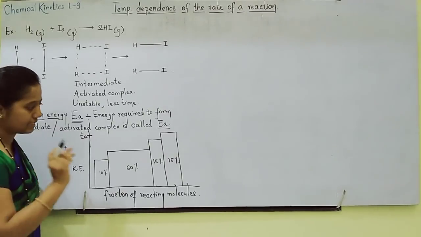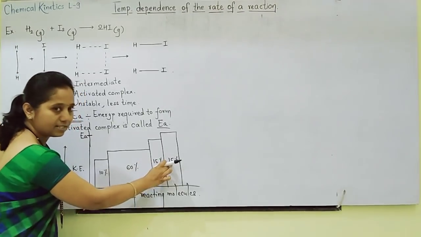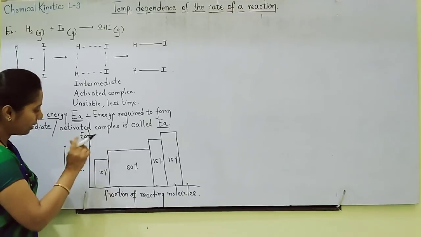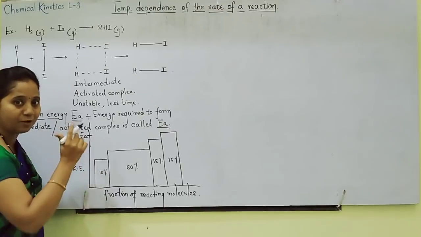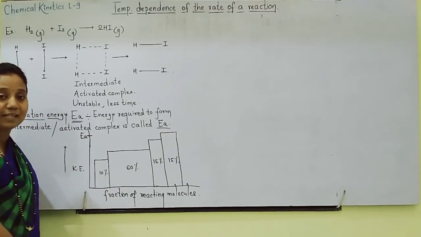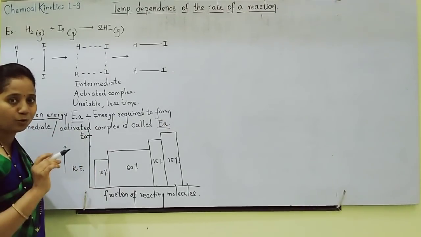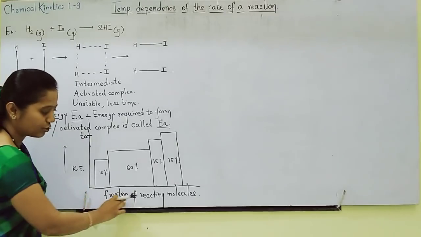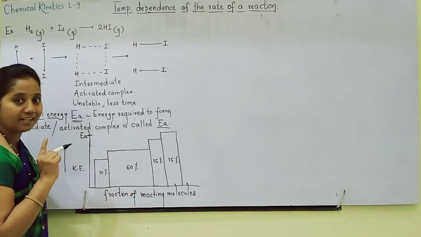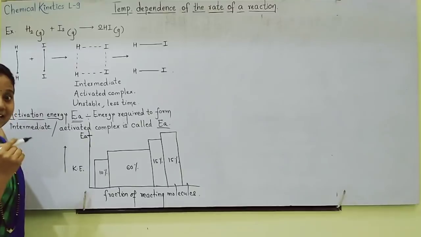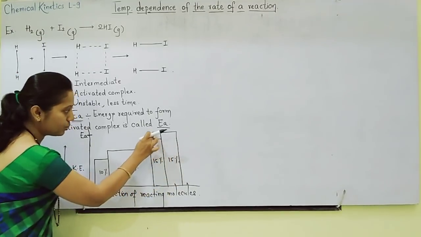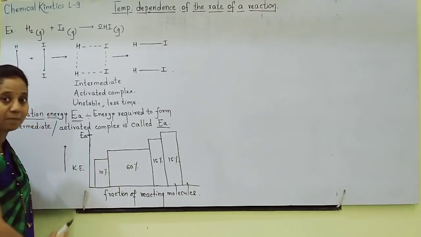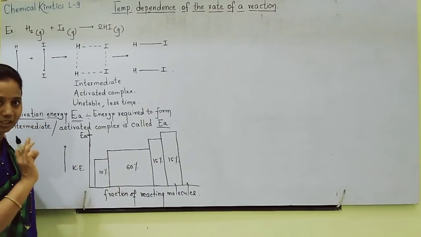So student, your answer is 15% reactants have kinetic energy equal to activation energy. I hope you remember the term e raised to minus Ea by RT. There I told you the fraction of reactant molecules having kinetic energy equal to or greater than activation energy. These are those 15% molecules whose kinetic energy is matching activation energy.